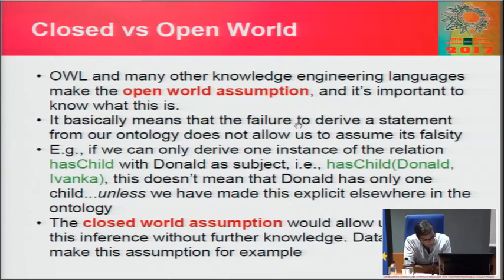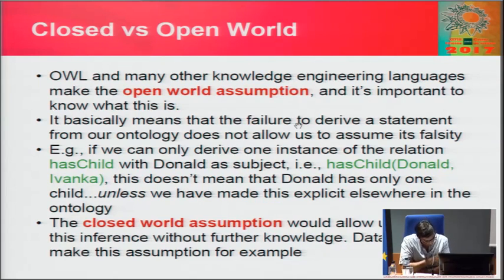But otherwise you can't assume that Donald has only one child. This is something that you can assume, for example, in certain programming languages and also in databases. The famous example that they talk about is if you have a database with flights between different cities, and you query the database for a flight between two cities and it doesn't exist, that means you can assume that there is no such flight between these two cities.